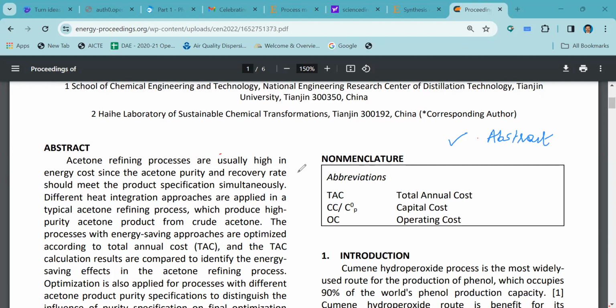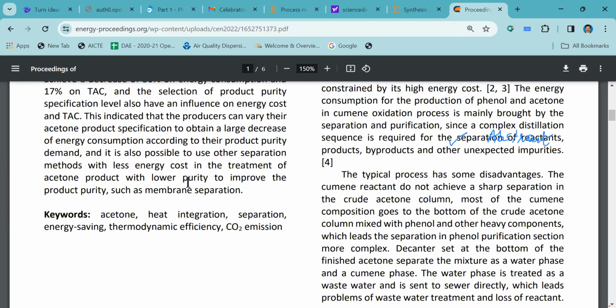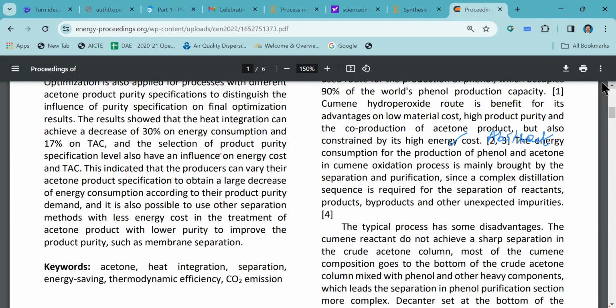And later, they will give the methodology adopted in attaining the results. The authors will also tell about the expected outcomes of the particular work. So number one, what we have to look at is the abstract.